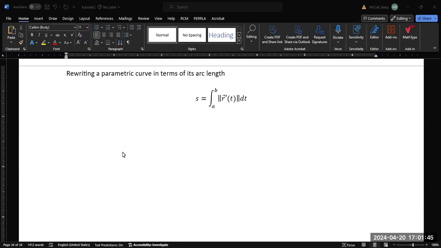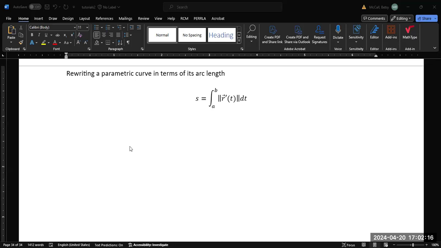In most generic examples, if you were to just make up a function on the fly, you would not actually be able to do all the integration needed to get a representation of t in terms of the arc length in order to do the substitution we're going to need to do. So we're going to do some specific examples where we can do it, and then we'll look at one example where you just can't.